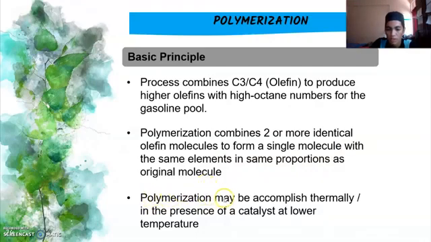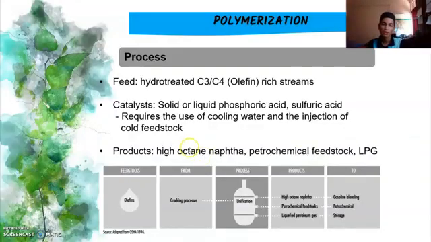Polymerization may be accomplished thermally or in the presence of a catalyst at lower temperature. The feed for polymerization is a hydro-treated olefin stream. The feed must be hydro-treated first to reduce the sulfur content and other undesirable components or impurities. The catalyst used is a solid or liquid phosphoric acid, or sulfuric acid.